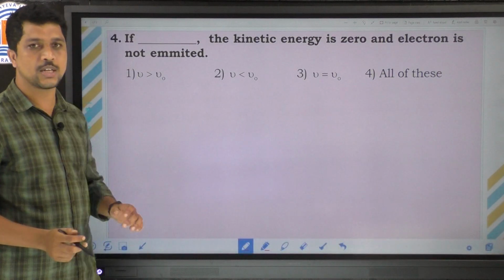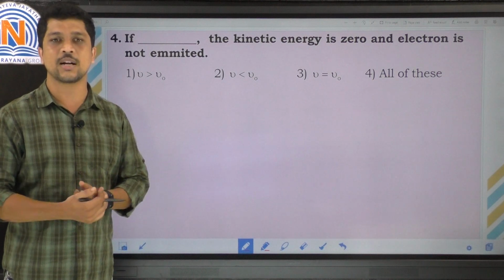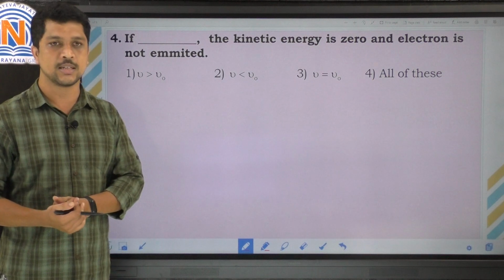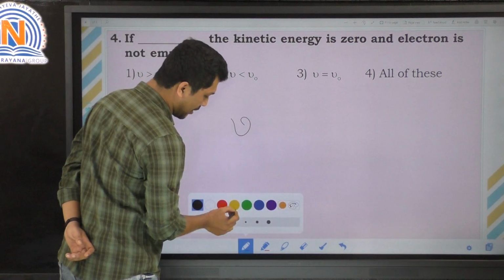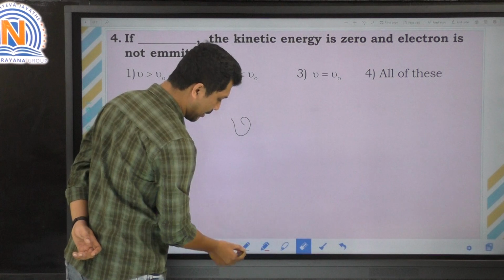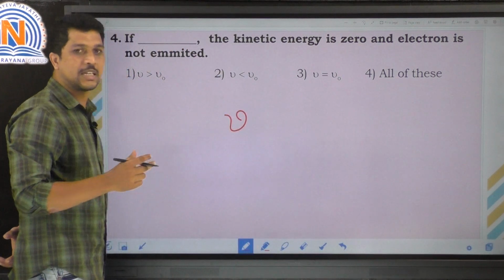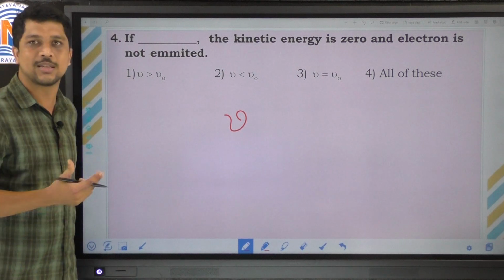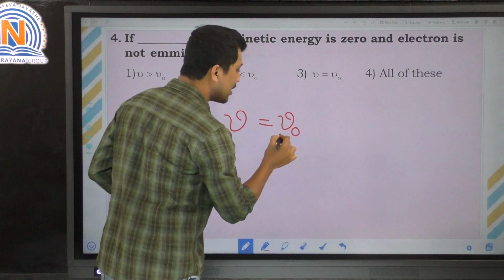So here the question is, if the kinetic energy is 0, the electron is not emitted, right? So the frequency of light, that is nu, whenever it equals the threshold frequency, generally indicated with nu 0. So what is the threshold frequency?